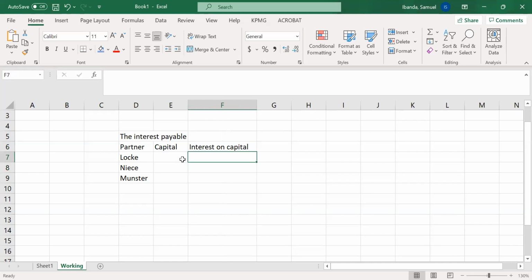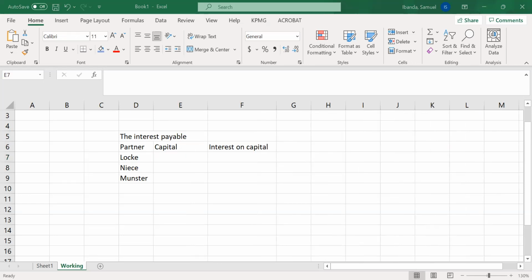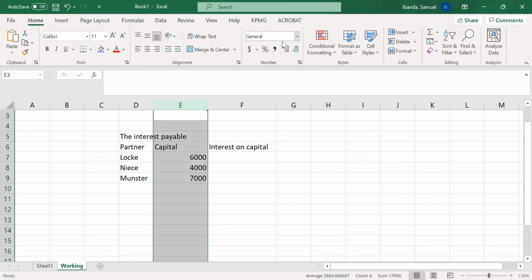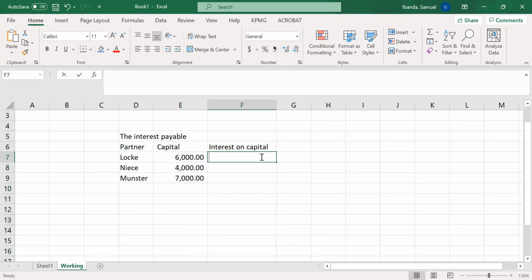Okay. So we saw, from the information we've been given, the different capital balances that we have for each of them. Lucky has 6,000, so I'll just put 6,000 here. Nancy has 4,000. And then Monster has 7,000. So I'm going to now calculate interest.